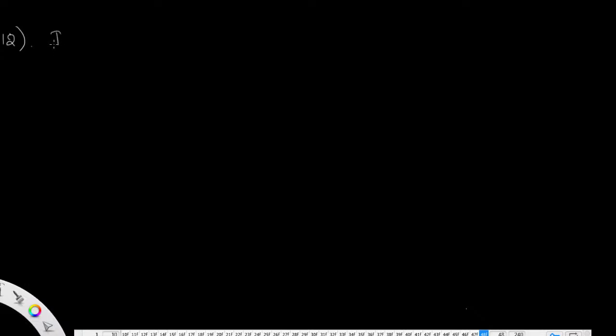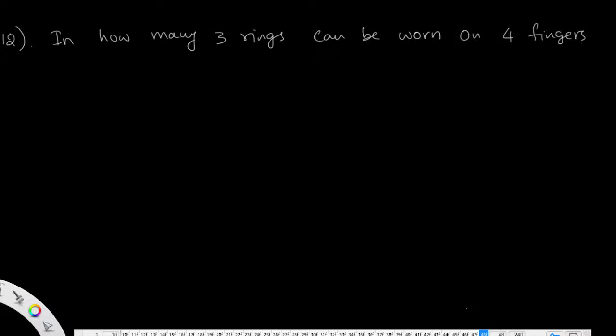In how many ways can 3 rings be worn on 4 fingers if any number of rings can be worn on any finger?